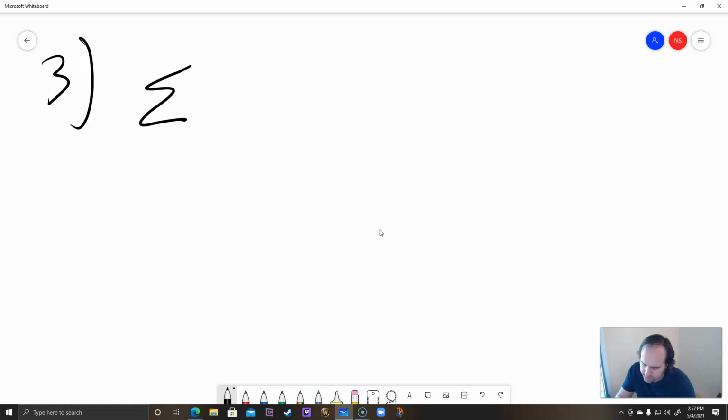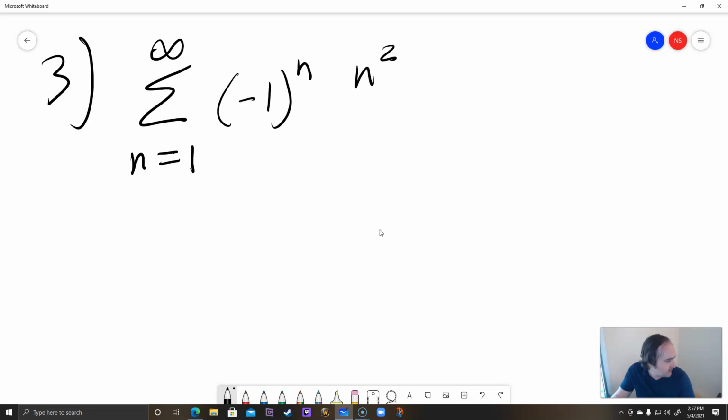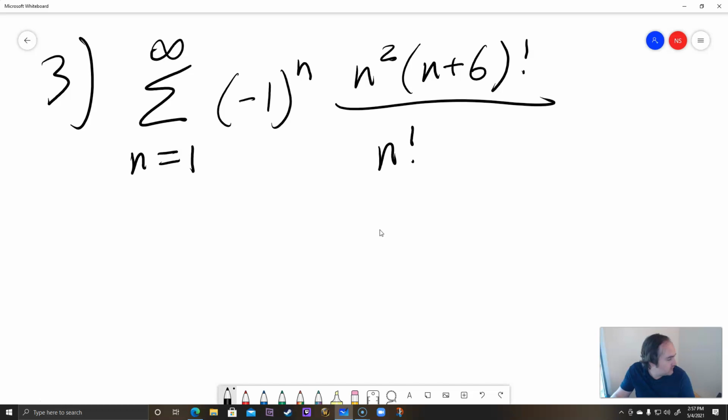Here we have the sum from n equals 1 to infinity of -1 to the n times the fraction n squared times (n plus 6) factorial all over n factorial times 8 to the 3n.